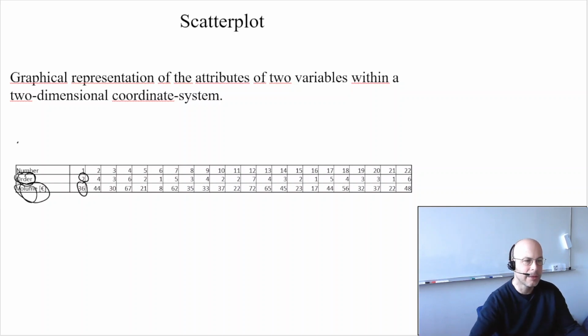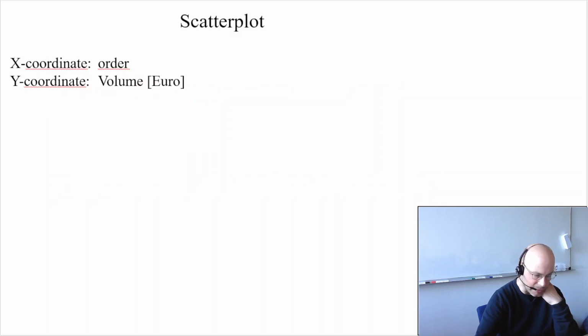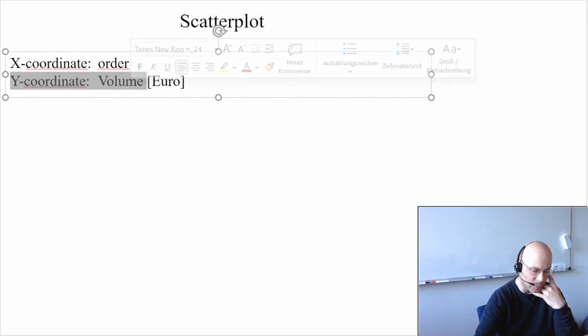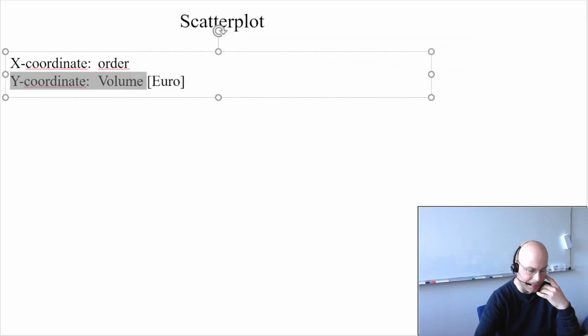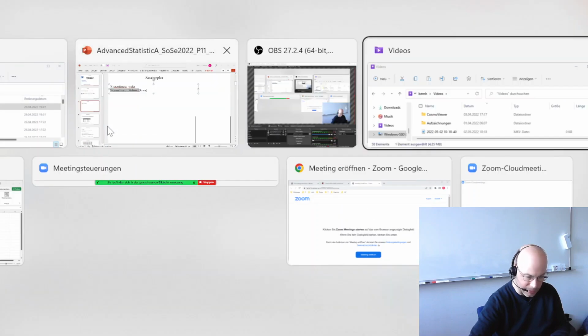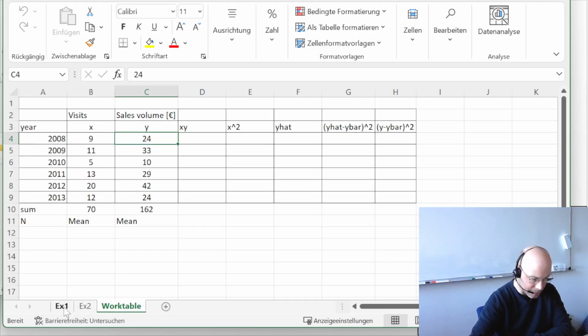And well, quite often a good choice is just to look at the data, not only at the table, but to take some graphical representation, and this we will do right now. So we just make a scatter plot. On the x coordinate we take the order, and on the y coordinate we take the volume. And this I started for you in Excel.